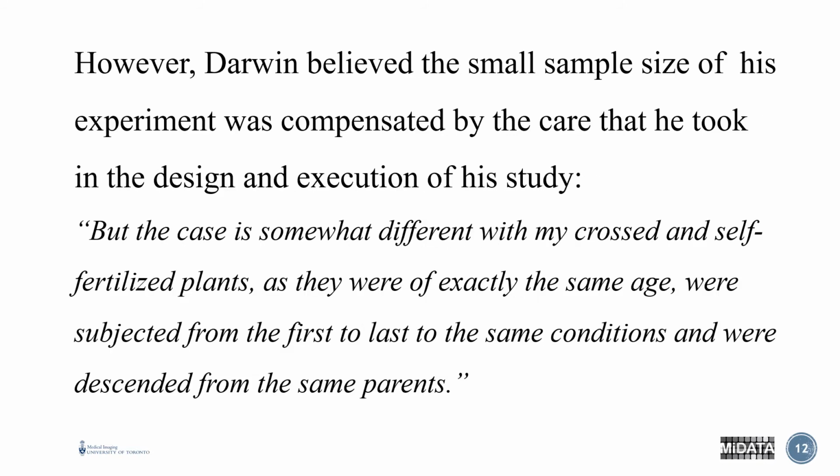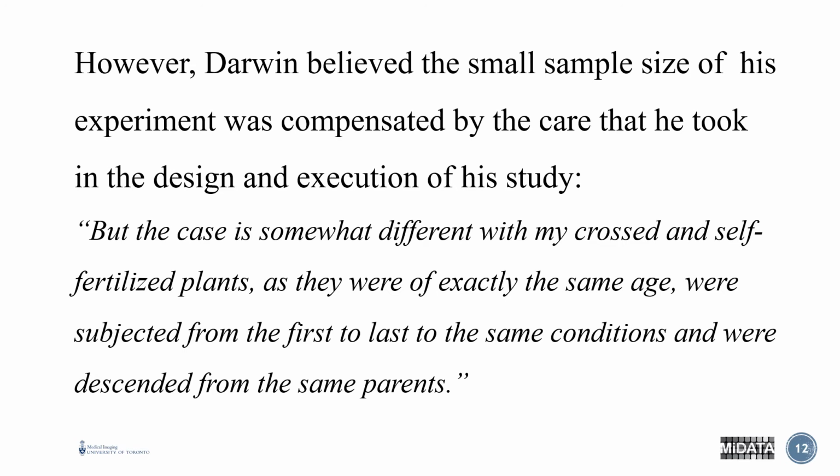However, Darwin believed the small sample size of his experiment was compensated by the care he took in the design and execution of his study. So he states, "But the case is somewhat different with my crossed and self-fertilized plants, as they were of exactly the same age, were subjected from the first to last to the same conditions, and were descended from the same parents."